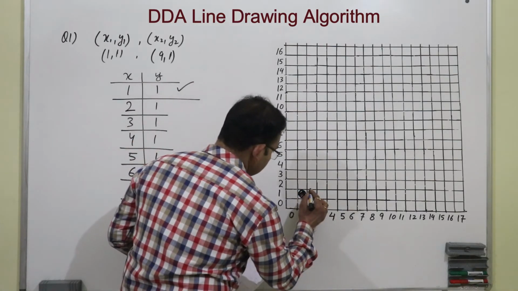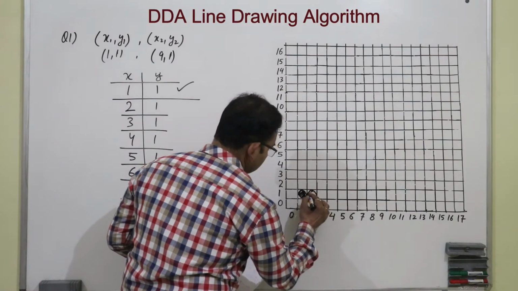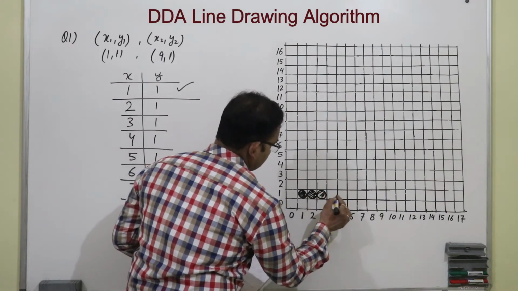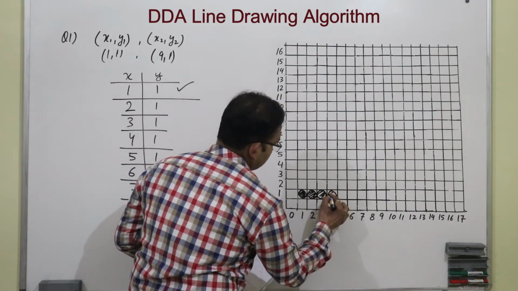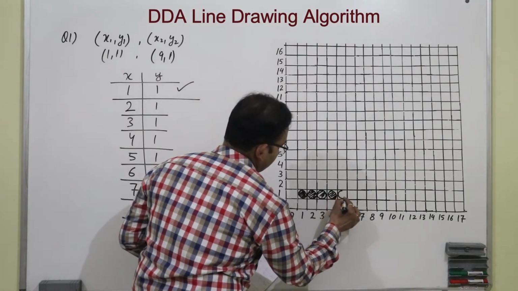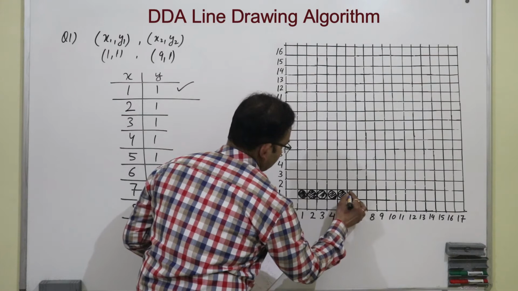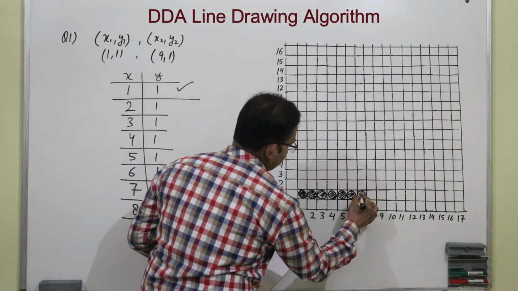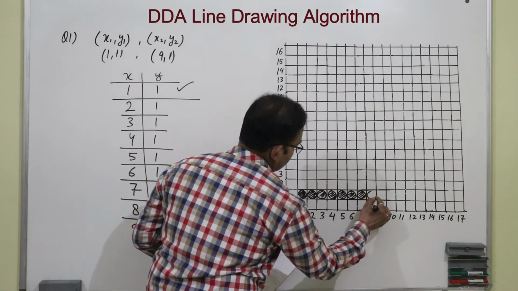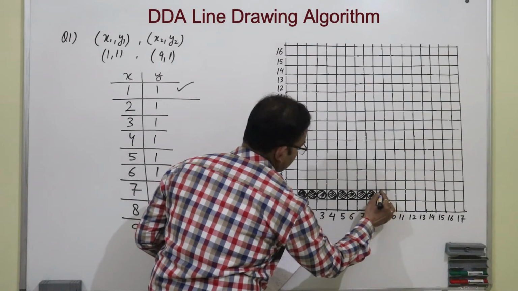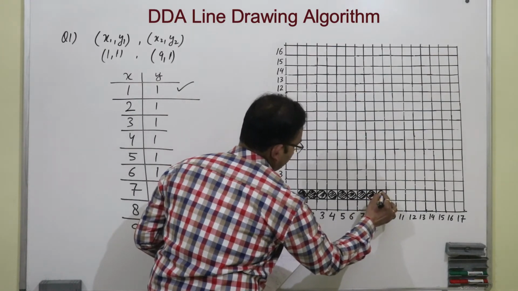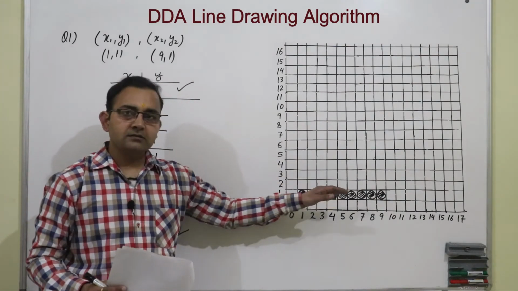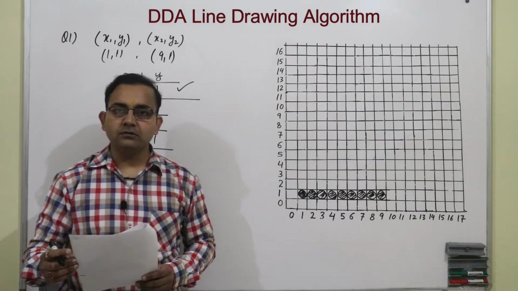Second 2, 1, then 3, 1, 4, 1, 5, 1, 6, 1, 7, 1, 8, 1 and last is 9, 1. So, line will pass through these pixels. Now, we will solve question number 2.